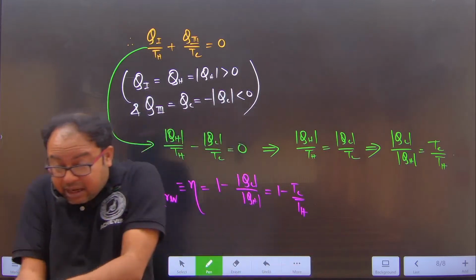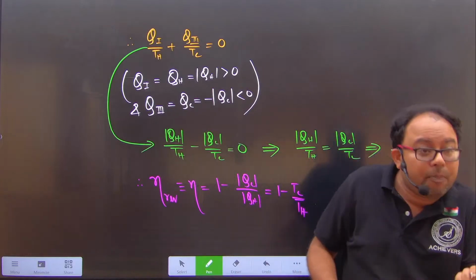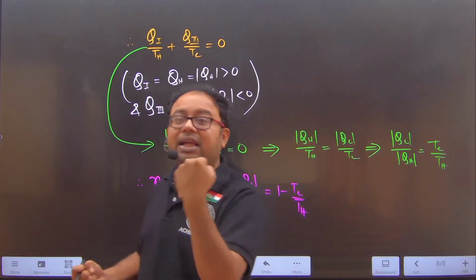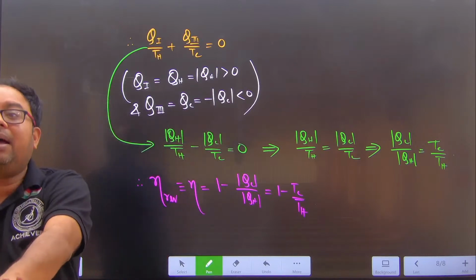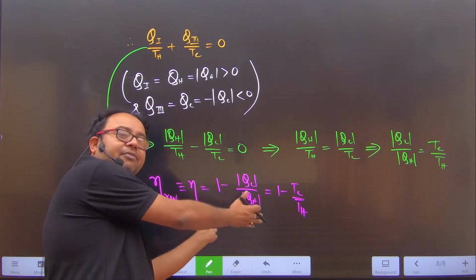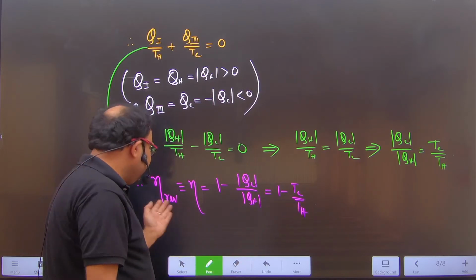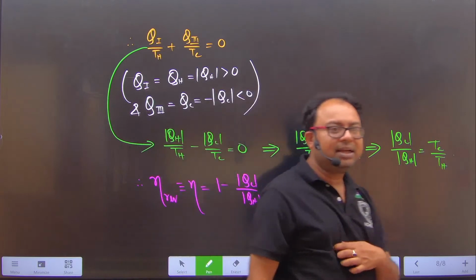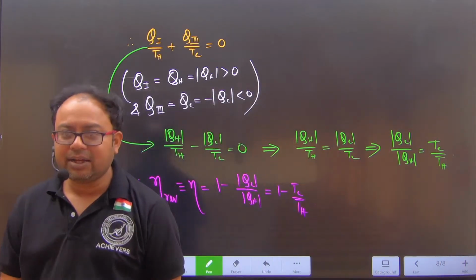In the current lecture, I have developed the concept of entropy out of the Carnot cycle, and from there I have manipulated the calculation in such a manner that we can again derive the expression of eta. And naturally the expression remains all the same. Eta reversible is 1 minus Tc by Th. So I've got it.